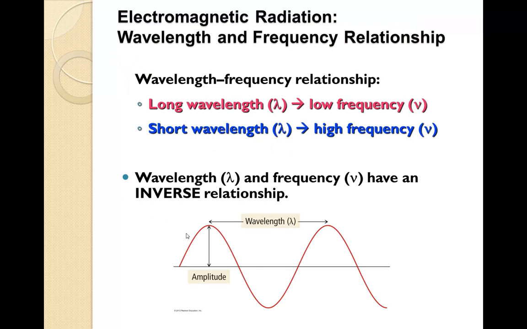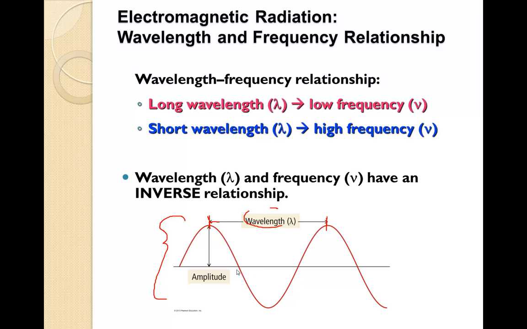If we look at this graph here, we note the wavelength and the amplitude. The wavelength is from peak to peak, or similar point to similar point. If it has a longer wavelength, it's going to have a lower frequency, meaning it's going to take longer to go through one specific point.